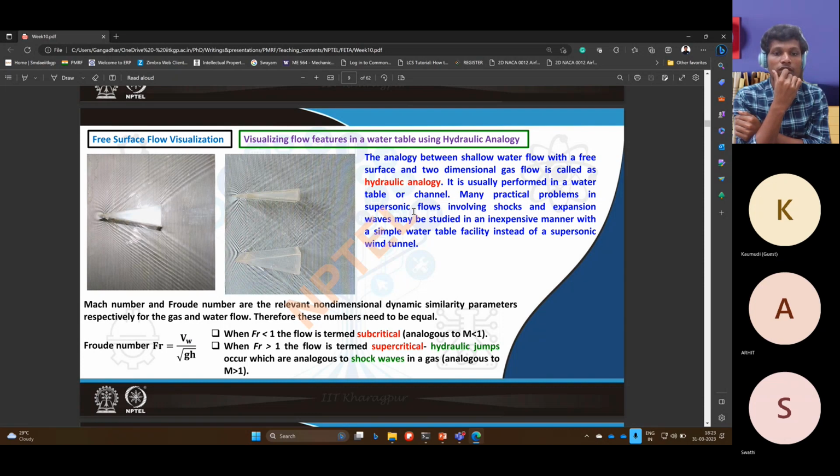It is analogous, it is not actually supersonic flow. If you see from the free surface flows, we have been discussing these finite waves, like acoustic waves also, right? Yes, sir. In these free surface flows, with my understanding, I'm telling you because I have never used this hydraulic analogy of free surface flows. Whatever we study in the theoretical class about finite wave concepts or acoustic wave disturbances, you can visually see in free water surface flows.